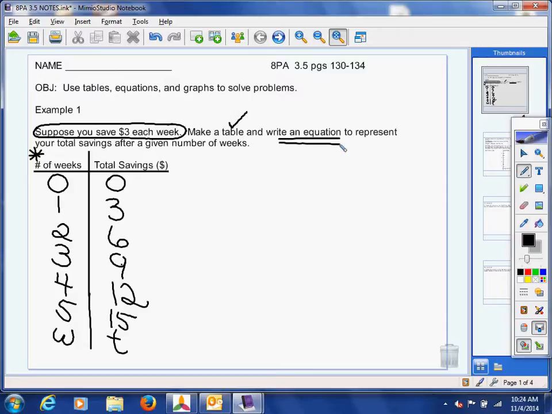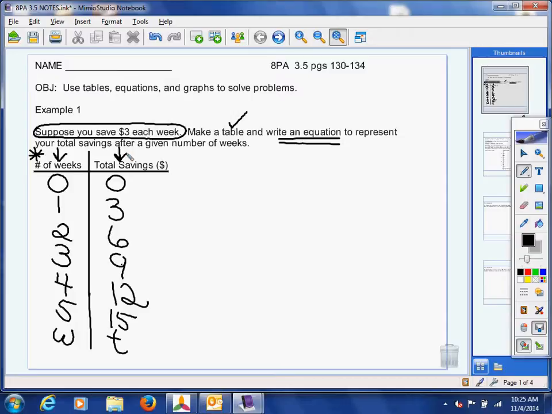What is the pattern? What are we doing to the number on the left to get the number on the right?